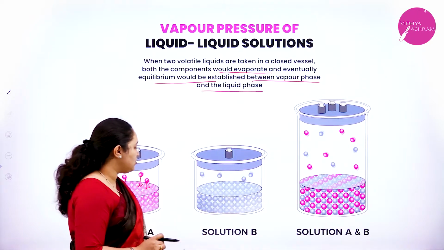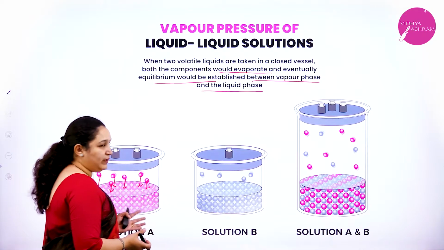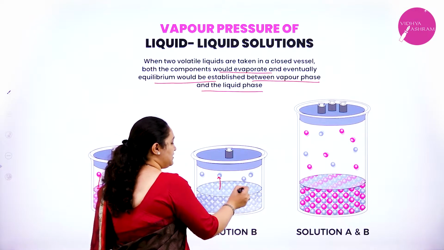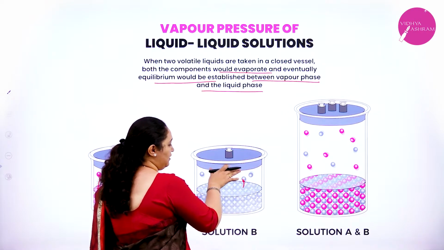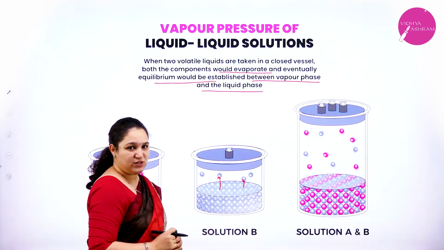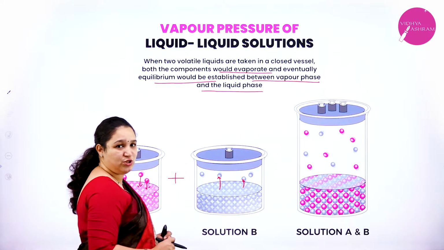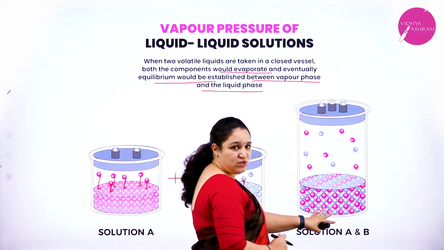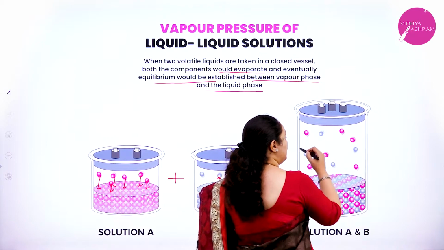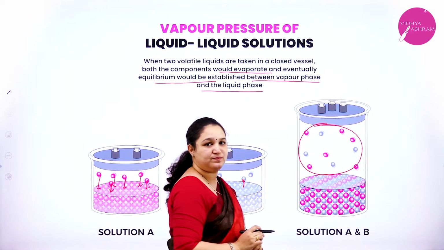I am taking one more solution which is solution B. It may be a little less volatile compared to solution A, but still it is volatile and the particles have evaporated and these particles in the vapor phase exert pressure which is called the vapor pressure. Now if I mix solution A and solution B, then I have the particles of both solution A and solution B in the vapor phase.